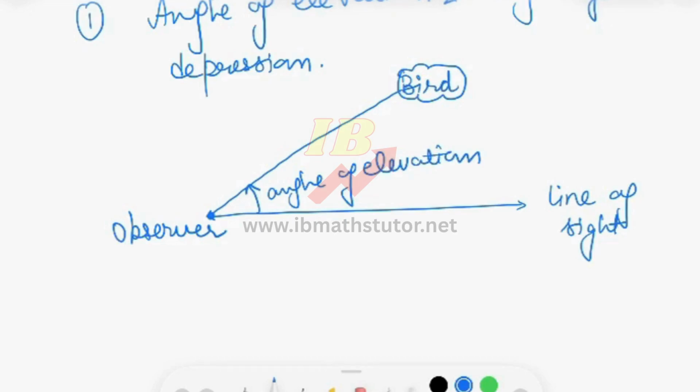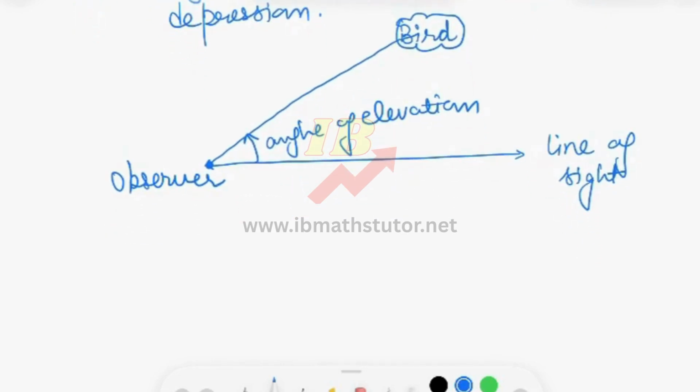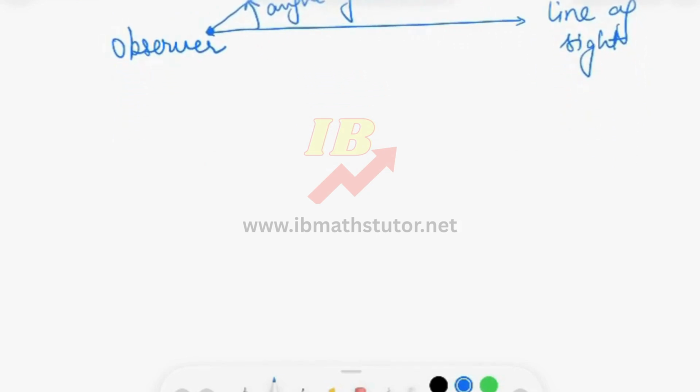Elevation basically means you're elevating something. You're going upwards from your line of sight. So this is elevation. And suppose you are on top of a building. This is the ground level.